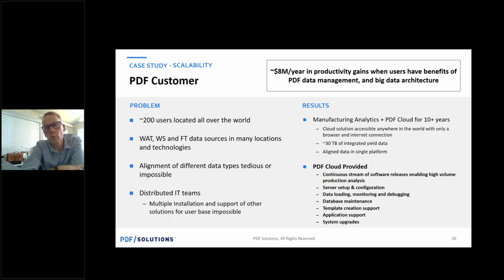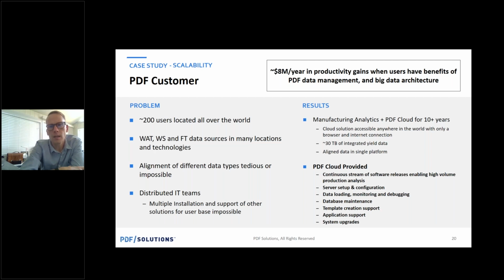So by moving to manufacturing analytics on PDF Cloud, they were able to overcome all of those challenges. And this particular customer made a 10-year commitment with us on PDF Cloud. So this is evidence that customers see PDF and the cloud as very strategic, and they're making long-term investments with us here.